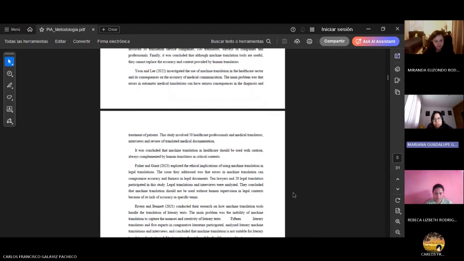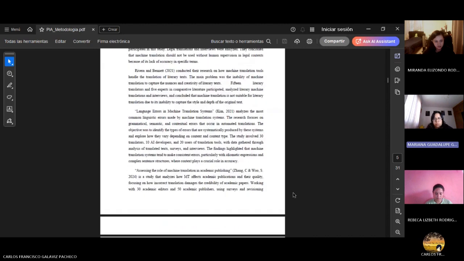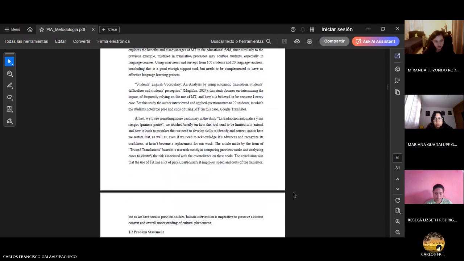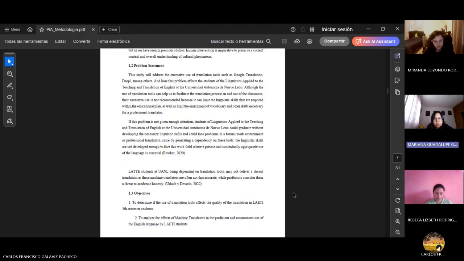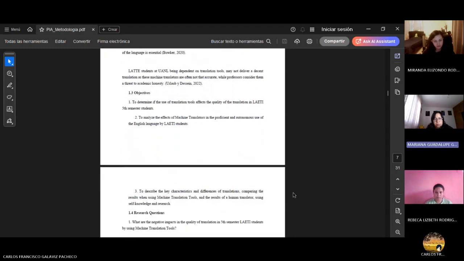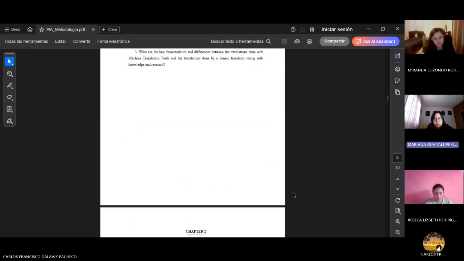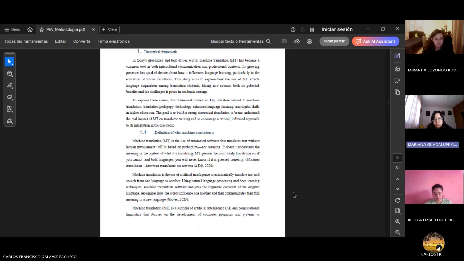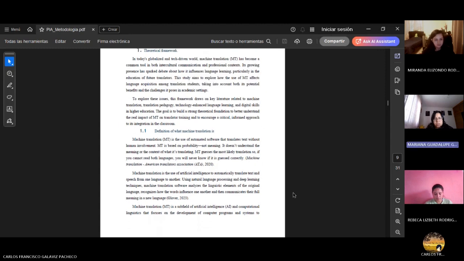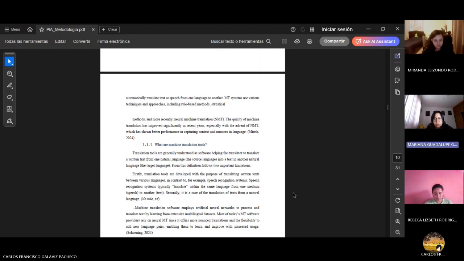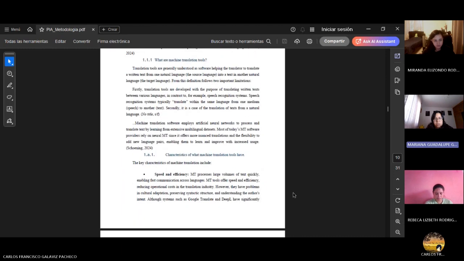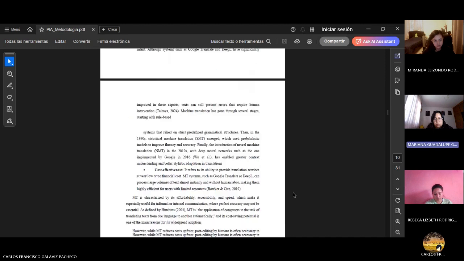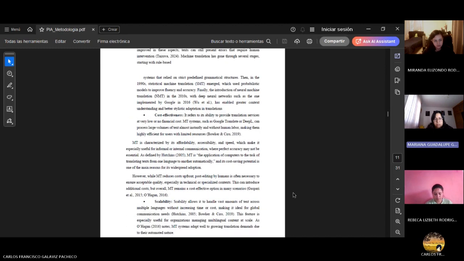Okay, now in chapter 2, we're going to talk about the theoretical framework that in this study looks at how machine translation (MT) affects language learning in translation studies. As MT becomes more common in professional and educational settings, it's important to understand both its benefits and challenges.